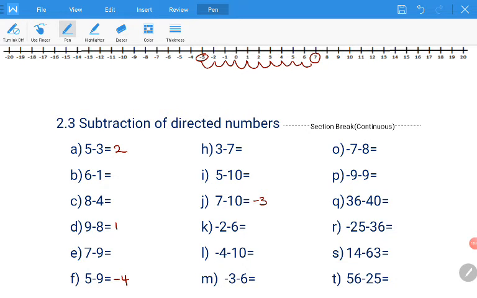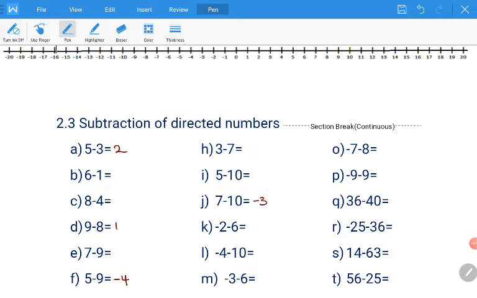So now we want to look at a question where we will be subtracting from a negative number. Let's look at question L, which is saying -4 minus 10. So again, it's the same process.